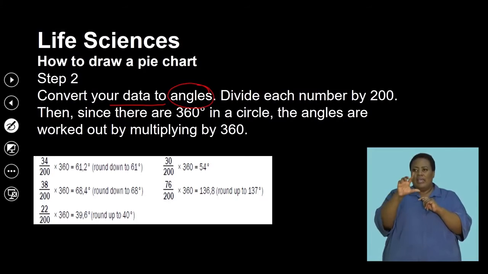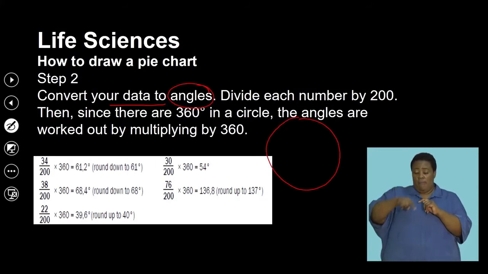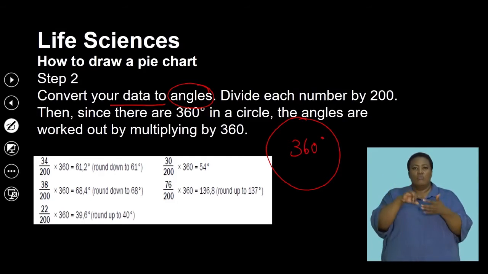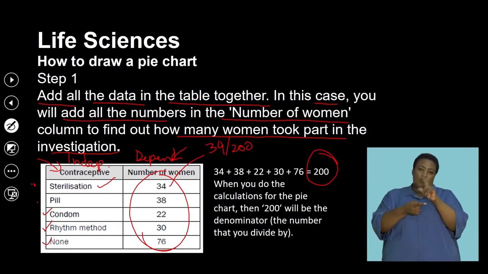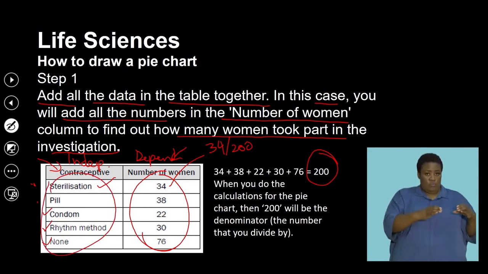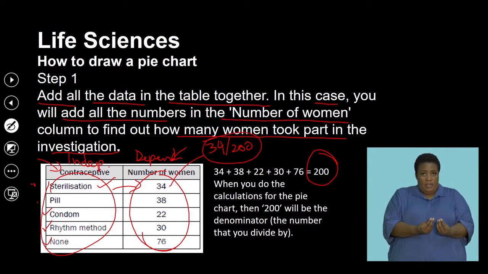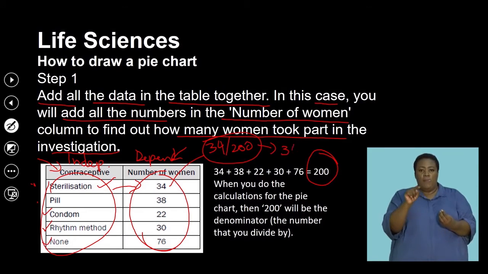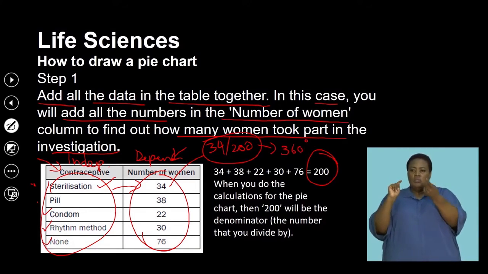And you know that in a pie chart, in a circle, we have 360 degrees. So we've got to illustrate each of these groups using their numbers as a ratio out of 200, which is then converted to degrees out of 360. That process needs to be illustrated to you now.